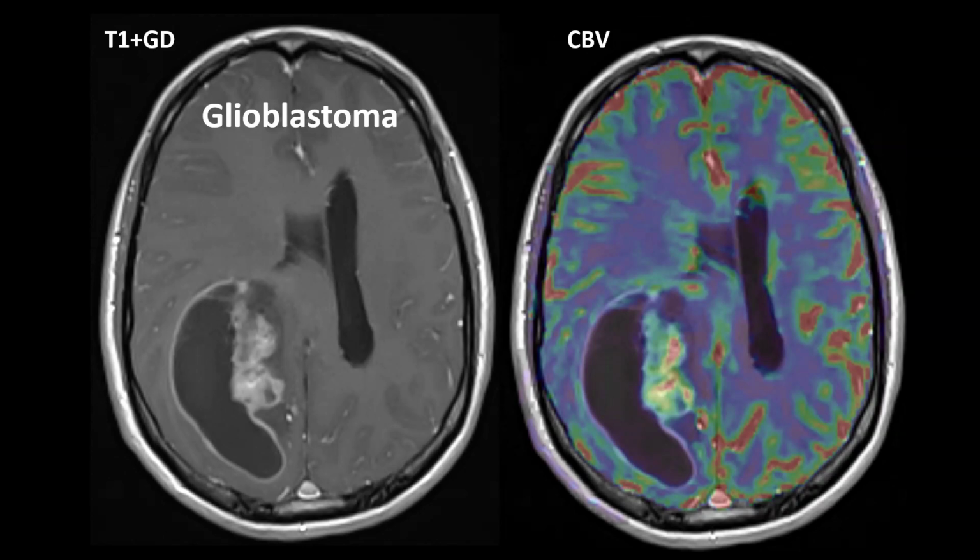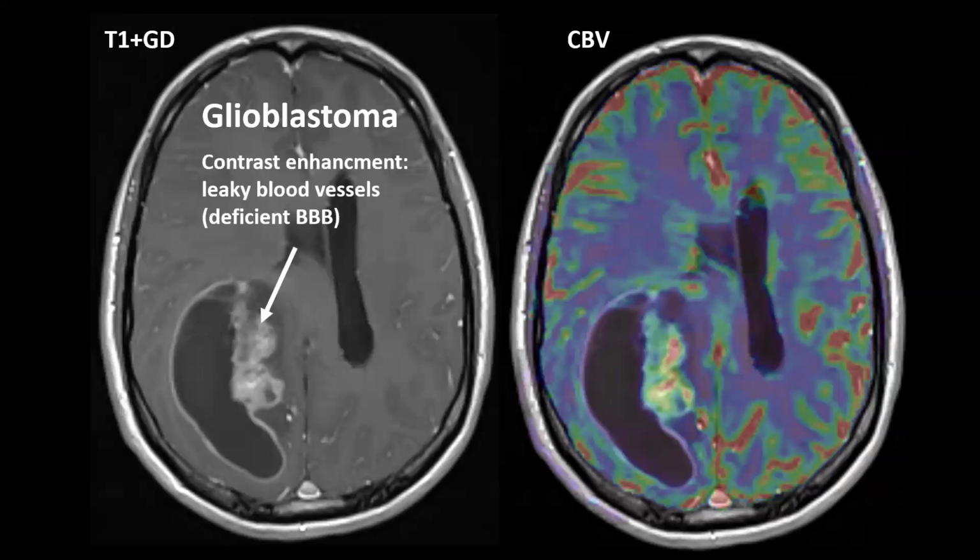It is a high-grade, aggressive-looking lesion with a large cystic component and a solid irregular enhancing component located in the parieto-occipital lobe. And on MRI perfusion, we see contrast enhancement, but in the end, contrast enhancement only signifies that blood vessels are leaky and the blood-brain barrier is deficient. It is not necessarily a sign of dealing with a high-grade lesion.